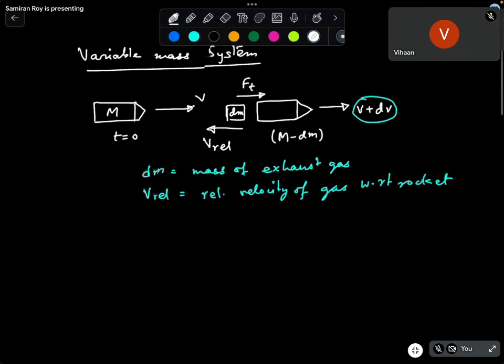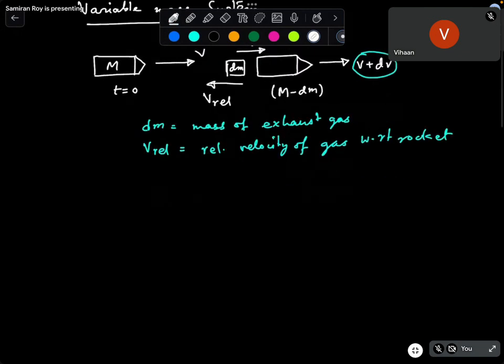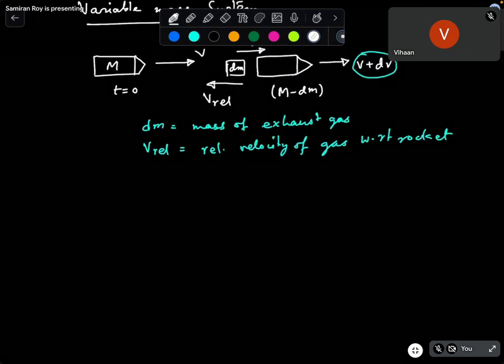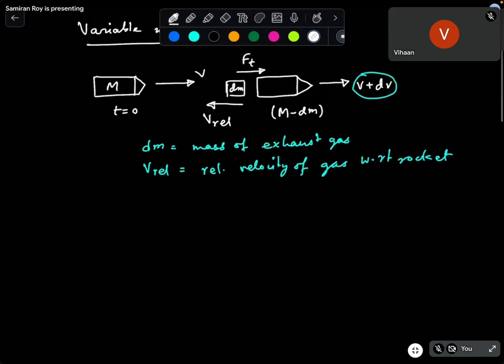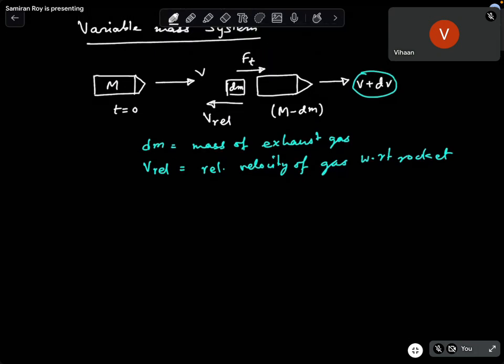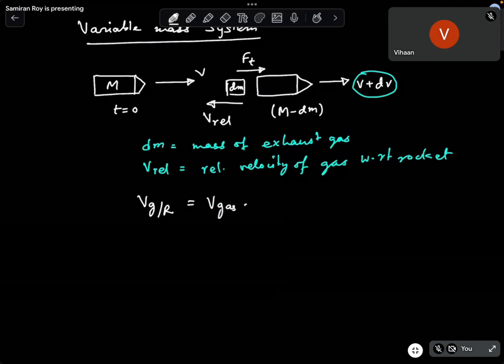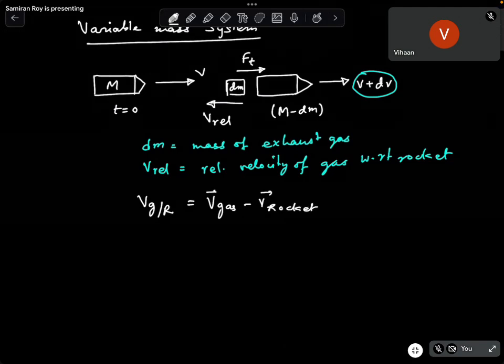So now what do I want to find? I want to find this velocity and the thrust force with respect to time at any time. First, I know that the velocity of gas with respect to rocket can be written as velocity of gas minus velocity of rocket. Obviously this will be a vector. This is the formula for relative velocity.